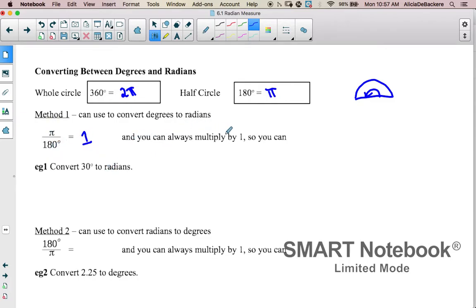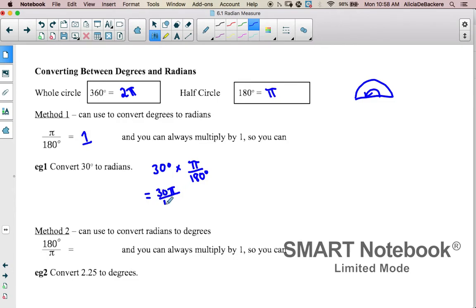And since I can always multiply by 1 and it doesn't change anything, I can just take the degrees that they give me in the question. So here they're giving me 30 degrees, and I can multiply it by 1. But in this case, instead of using 1, I'm going to use the equivalent pi over 180. And then I can simplify this. So I've got now 30 pi over 180.